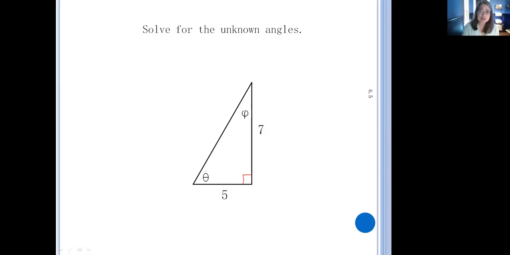A couple of different ways we can go about doing this. Probably the most straightforward is to go ahead and find the length of the hypotenuse, and we can do that by using our good old friend, the Pythagorean theorem. You will find the Pythagorean theorem is the key to the universe as far as trigonometry is concerned. So the Pythagorean theorem tells me that if I label this side C, C squared equals 5 squared plus 7 squared.